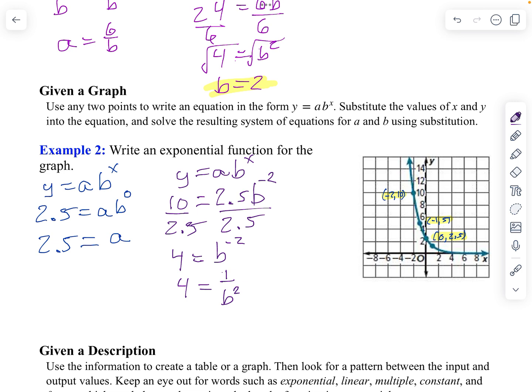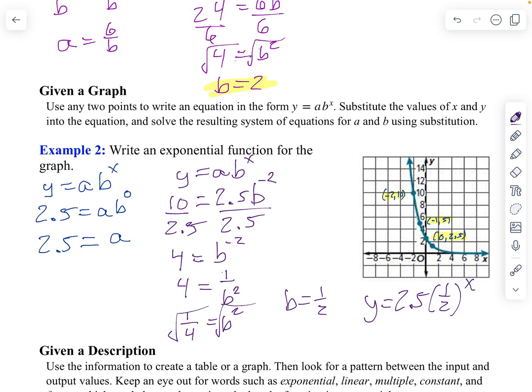And then to solve for that, I'll do the reciprocal of both sides, so I get 1/4 equals b squared. So if I take the square root of both sides, b is 1/2 then, isn't it? So I can write my equation, y equals a, which is 2.5, times 1/2 to the x power.